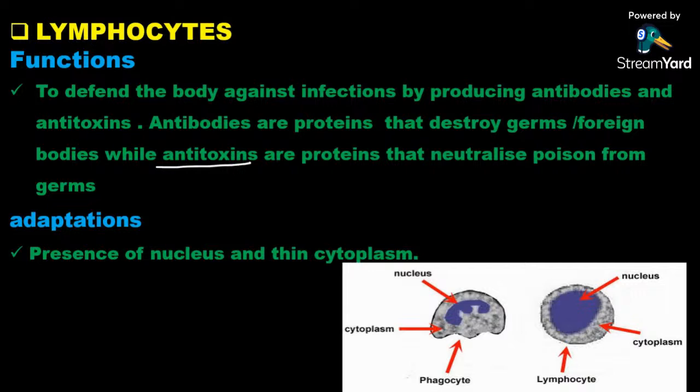This one has a large nucleus and thin cytoplasm. The image here is for the phagocyte, as you can see, the lobed nucleus inside. And this one is for the lymphocyte, as you can see, the large nucleus almost filling the cell. That is how they are.